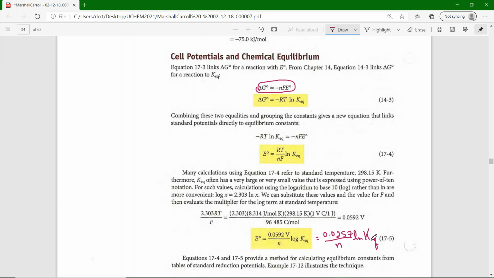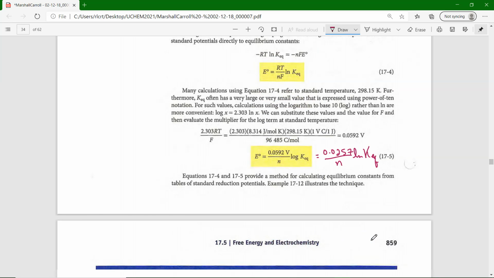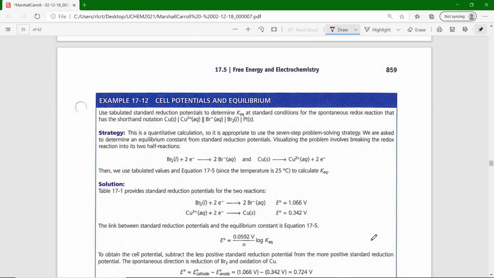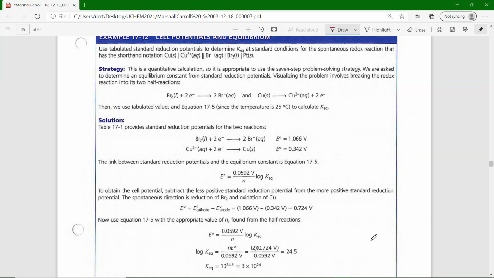So that's another way that you can express the cell voltage as a function of the natural log of the equilibrium constant at room temperature, 298.15 Kelvin. Okay, so let's try example 17.12 here on page 859.